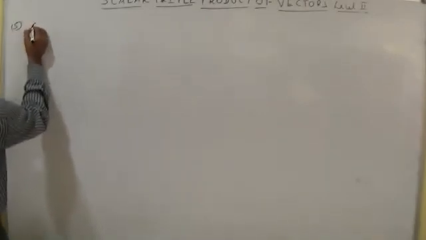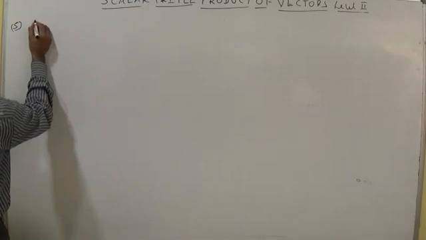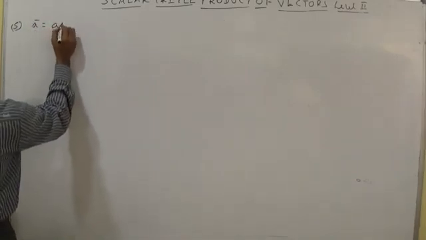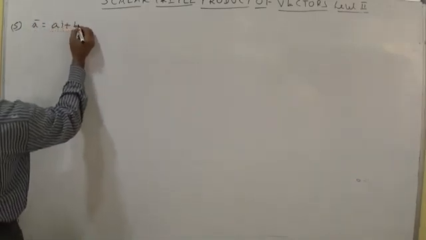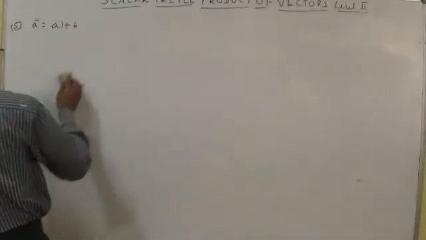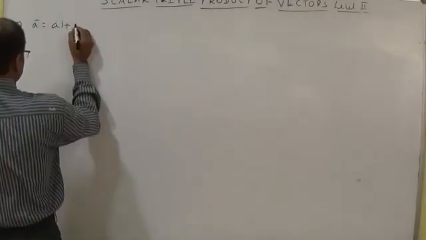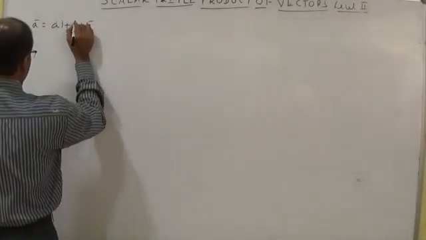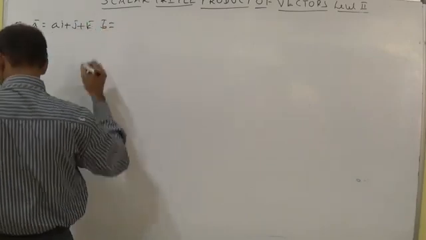If the vectors, let us write a bar equal to ai plus j plus k. Next, let this be b bar.